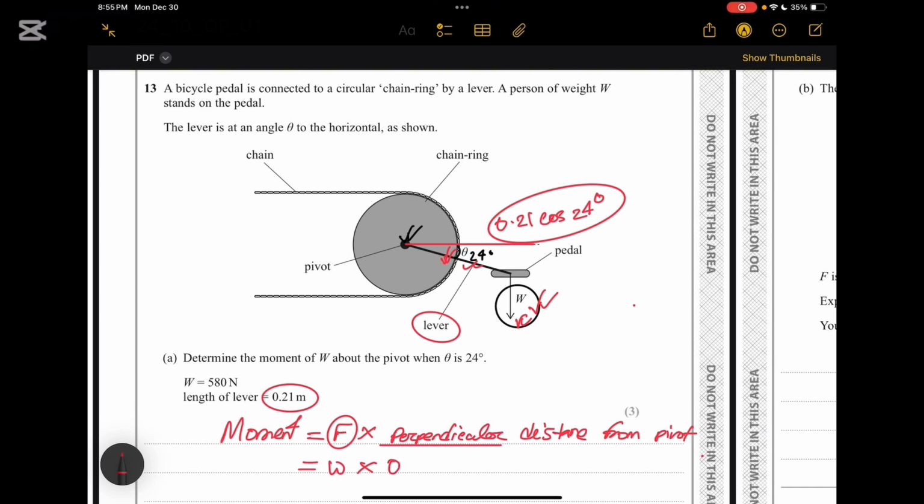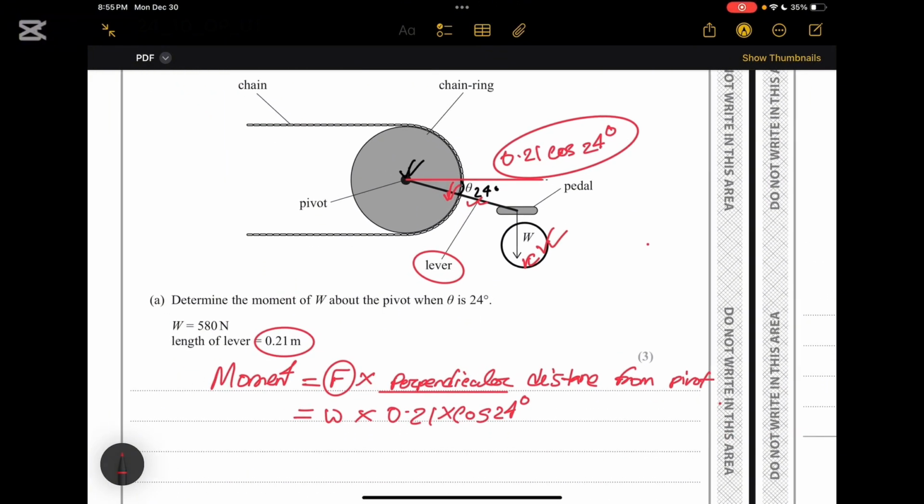So we take 0.21 times cos 24 degrees, and here the weight was 580. So the overall value comes to 110 newton meter. So we are done.